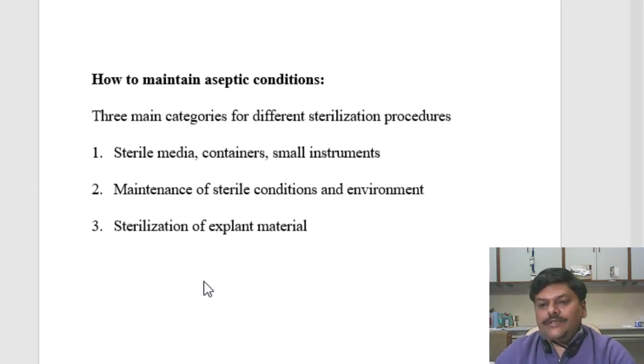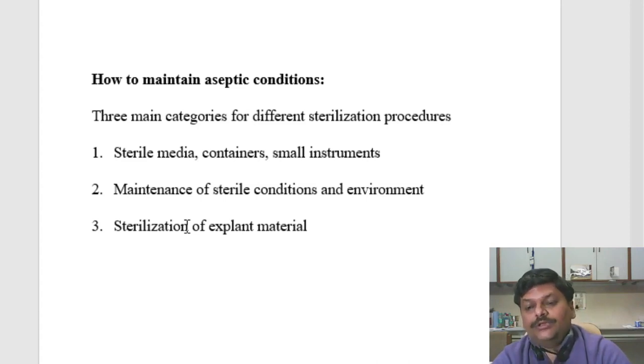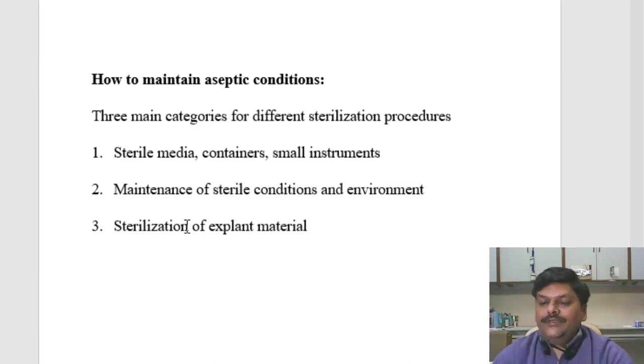This is listed as the maintenance of aseptic conditions in plant cell tissue culture, and there are three things which need to be sterilized. The media, containers and small instruments need to be sterilized. Then the area where we work, that is the laminar flow hood as I just mentioned, and the part of the plant which we are going to use for plant tissue culture also needs to be sterilized. And if we work with our bare hands, our hands also need to be surface sterilized.